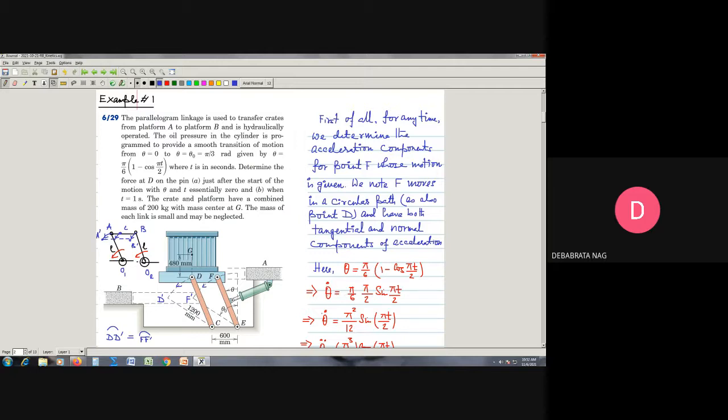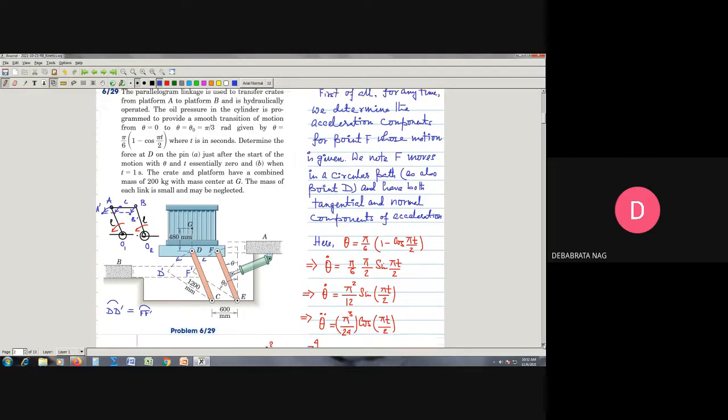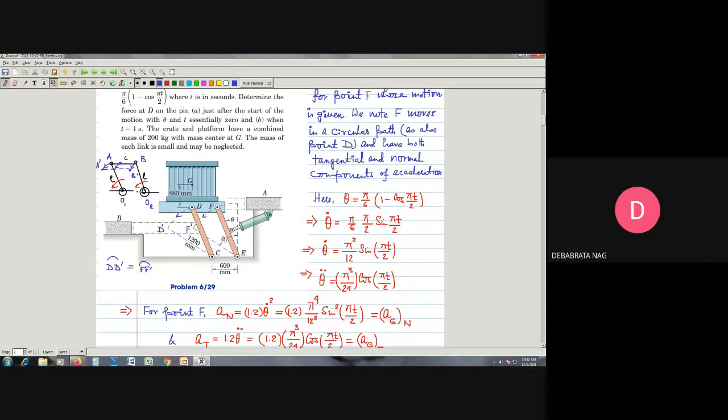You can see from here that the expression for theta dot turns out to be pi squared by 12 into sin(pi t by 2) radian per second, and theta double dot will be equal to pi cubed by 24 into cos(pi t by 2) radian per second square. You must always specify the units for them. So this will be our theta dot and this will be our theta double dot.